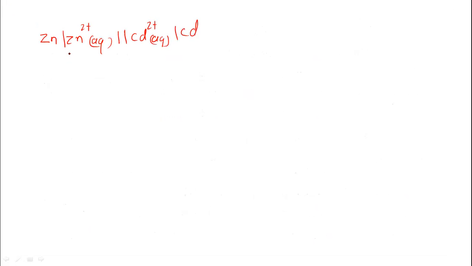So what is the cell reaction of this galvanic cell? At the LHE, the left hand side electrode, we have to write the half cell reaction first. According to the electrochemical convention, oxidation takes place at the LHS electrode.